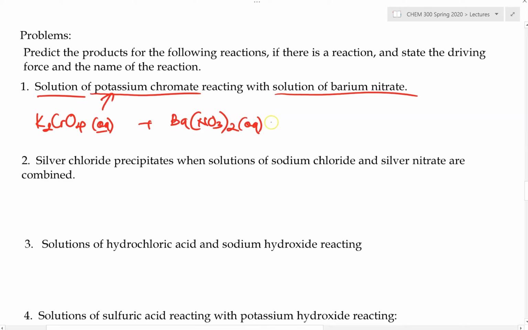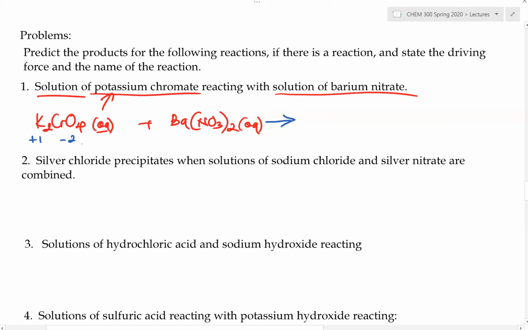So in this case, let's first assume the reaction is going to take place. What will be the product? Let's write the formula of the product first. The easiest way to do this is as follows. First, we have potassium, which is positive 1, and chromate, which is negative 2.